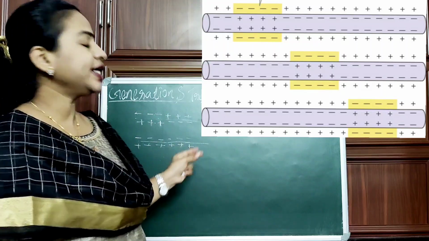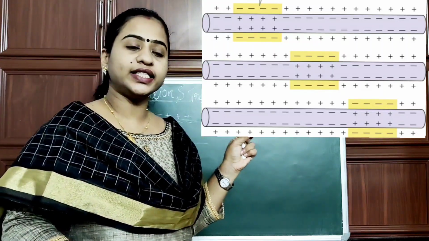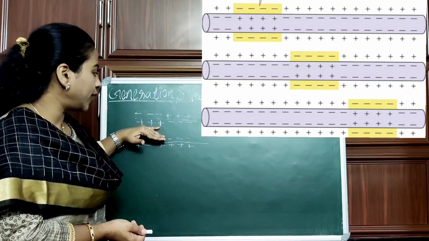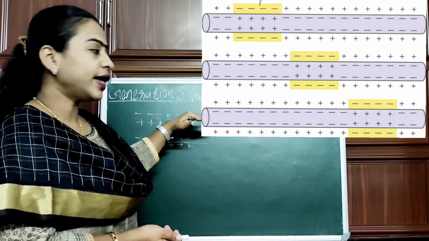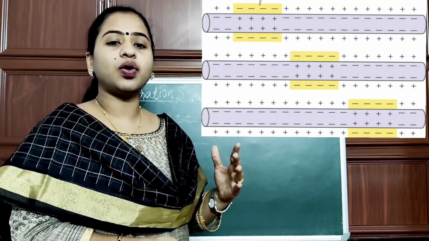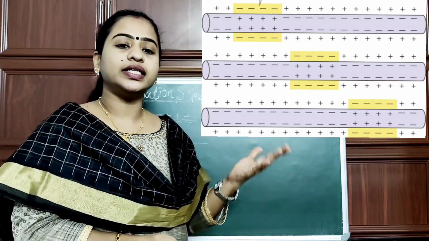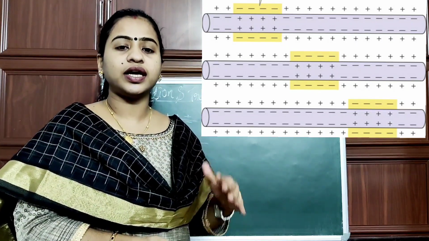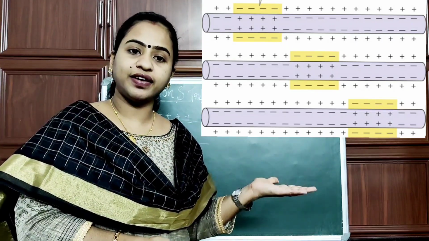This momentary charge difference stimulates the adjacent parts, and similar changes occur there. The inner surface becomes positively charged and the outer surface becomes negatively charged.